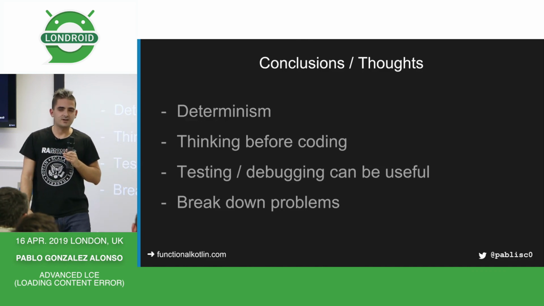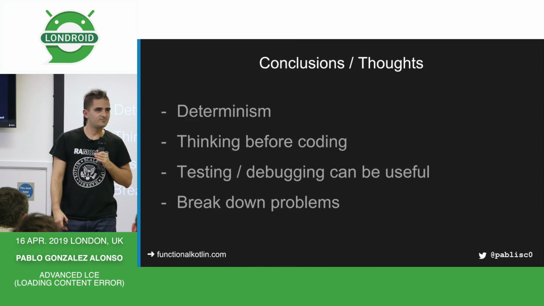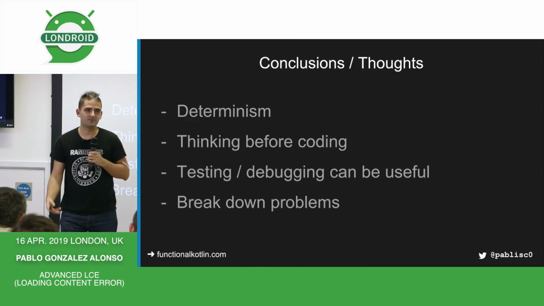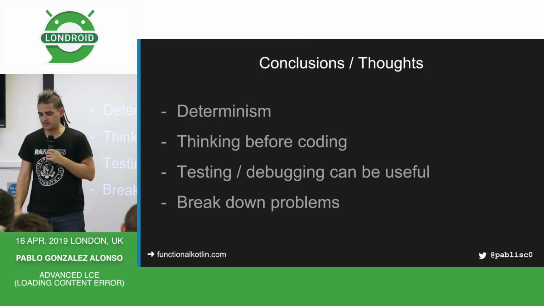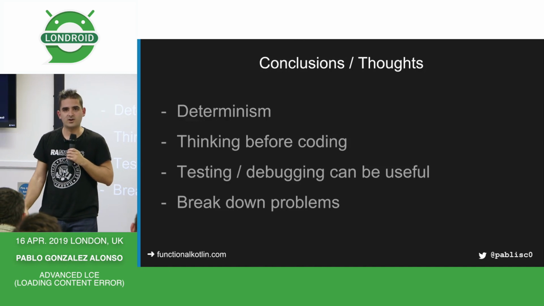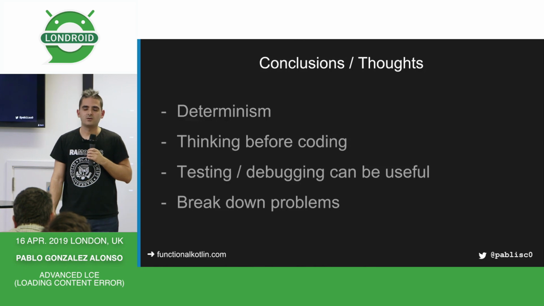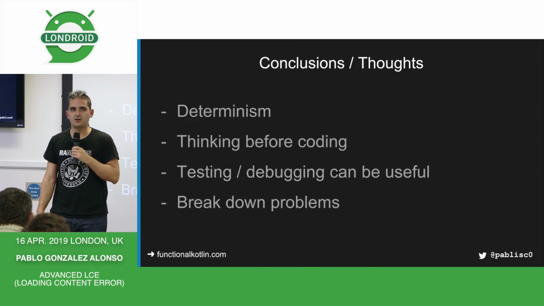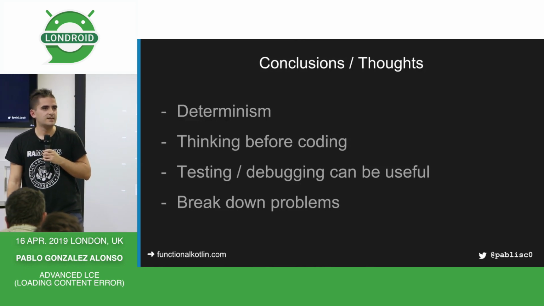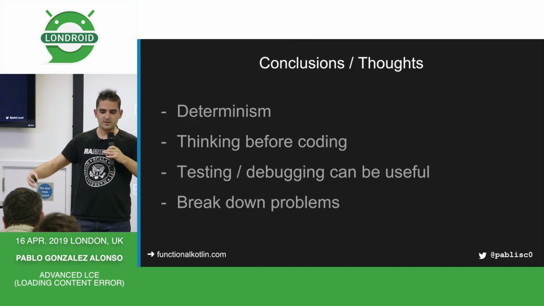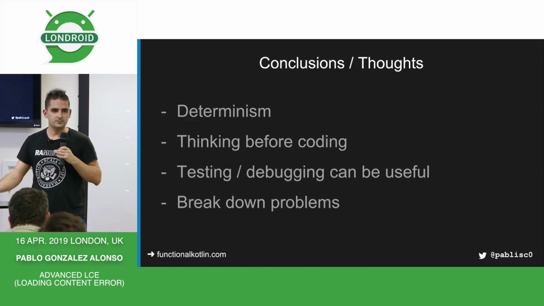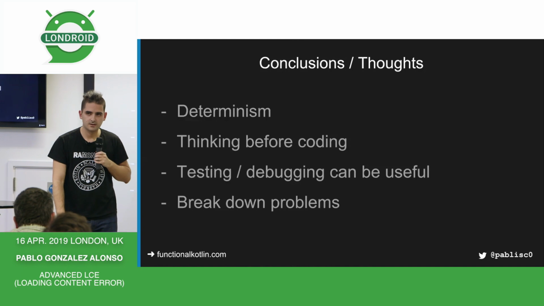We think, but sometimes you have to think more. Also, it's good to test and debug. Hopefully, it's not a surprise for anybody here that testing and debugging is a good thing, although debugging is not such a good thing, but a necessity sometimes. And also, if you have something that's a big problem, try to break it down, divide and conquer, all that.